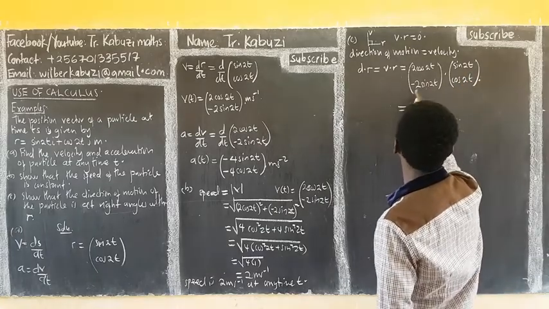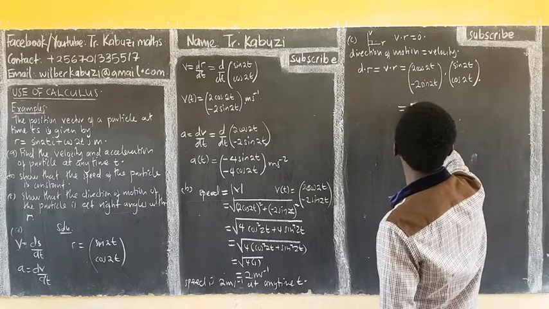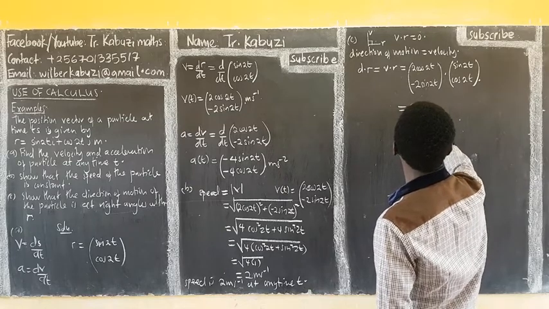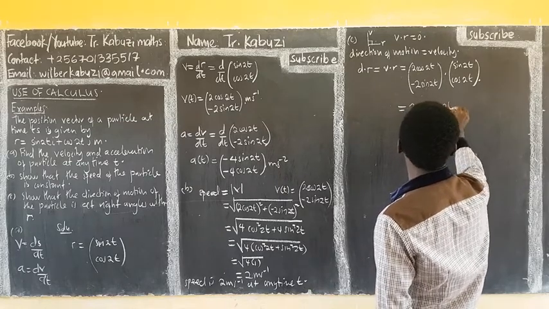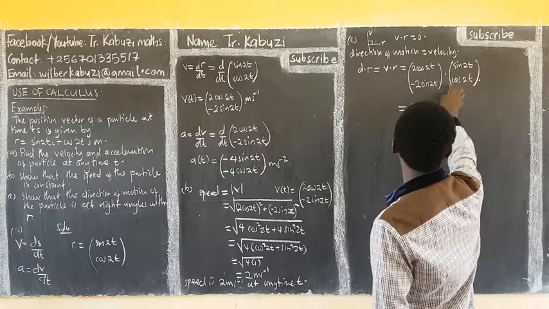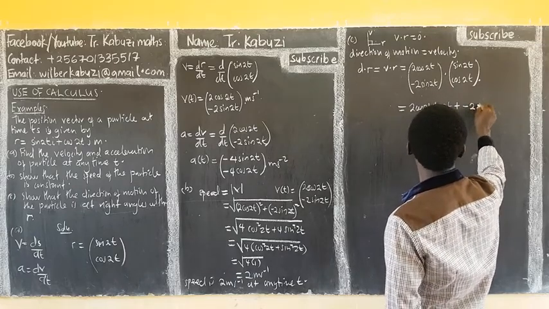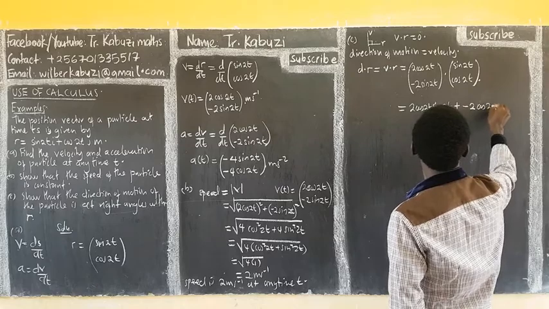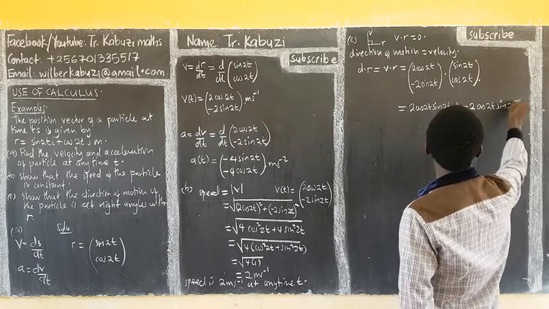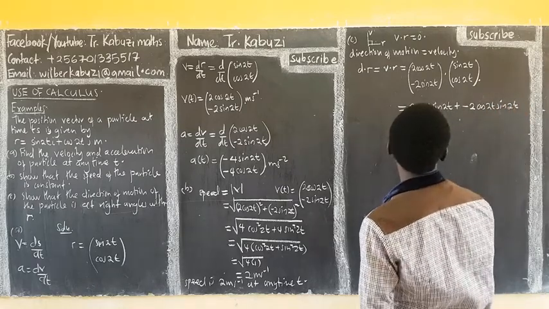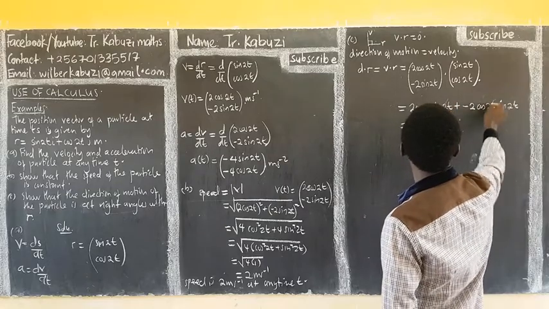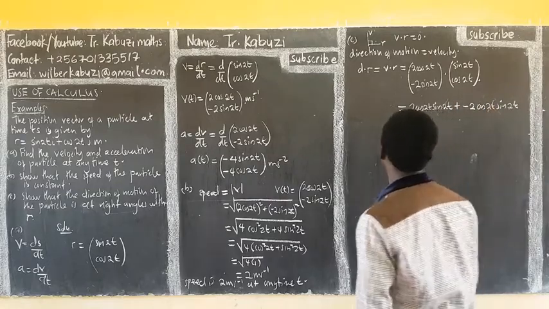So let us dot this: we get 2 cos 2t sine 2t, plus negative 2 sine 2t cos 2t, and these two are the same, so this gives 0.